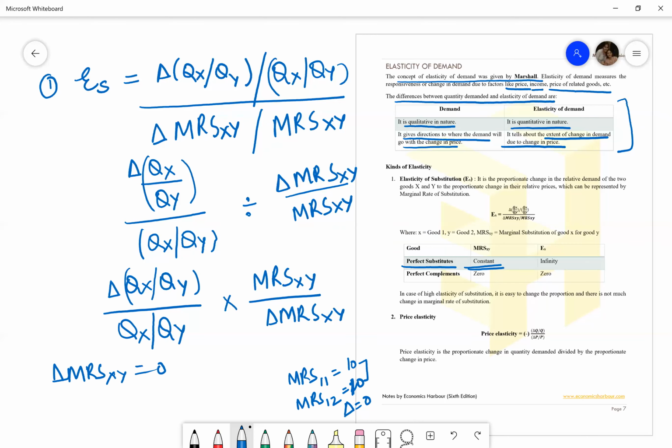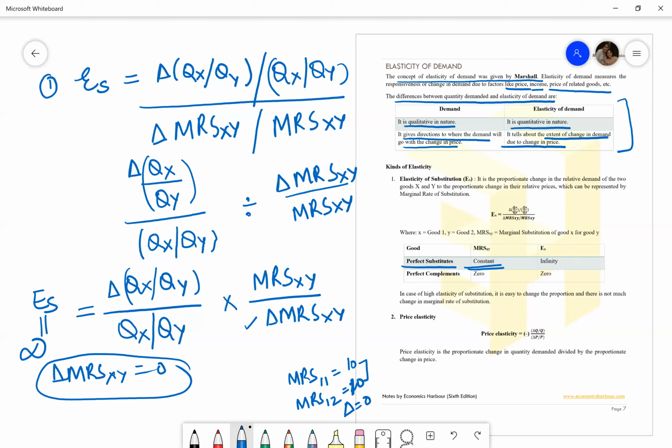Therefore the change in MRS is equal to 0, so this figure becomes 0. As a result, the elasticity of substitution becomes infinity, because when the denominator is 0, the ratio itself becomes infinity.